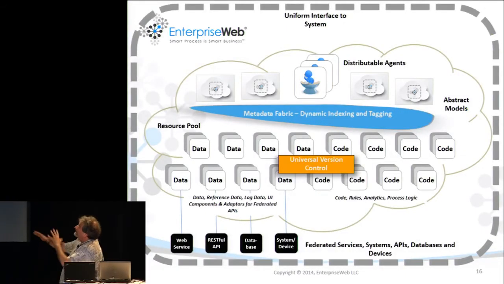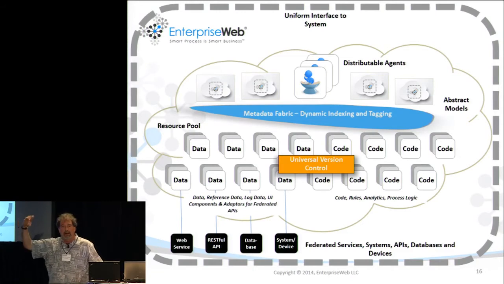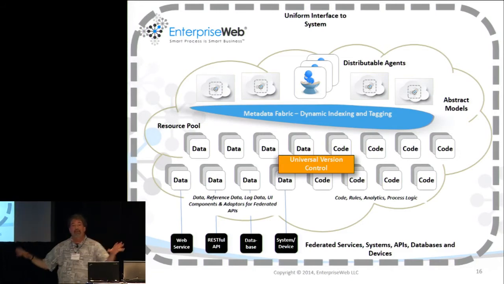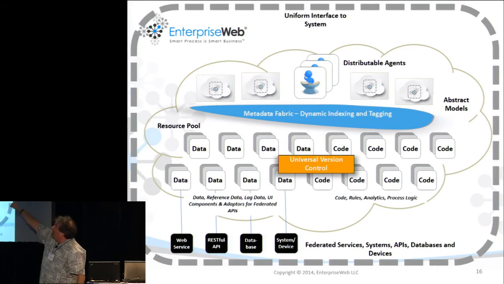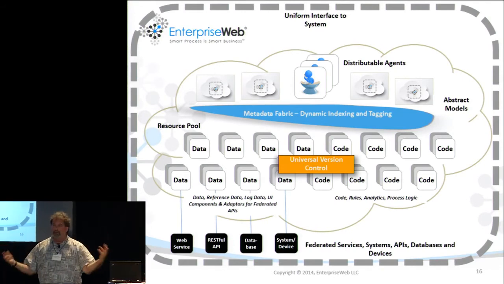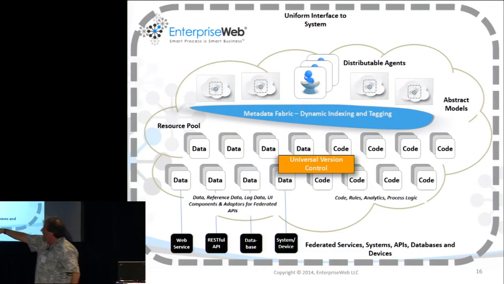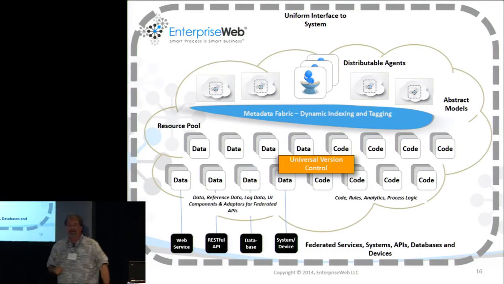So if you put it all together, this is sort of how it all ends up looking, right? We have the agent, distributable agents that process the abstract models or cloudlets. We have a metadata fabric that covers everything the system does. So we have data and code in little boxes, which are the resource pool that could be running anywhere, in cloud, on-premise, legacy apps, other apps, who knows? It could be anywhere and everywhere. And then for some examples, we have a variety of connectors to various backend systems.